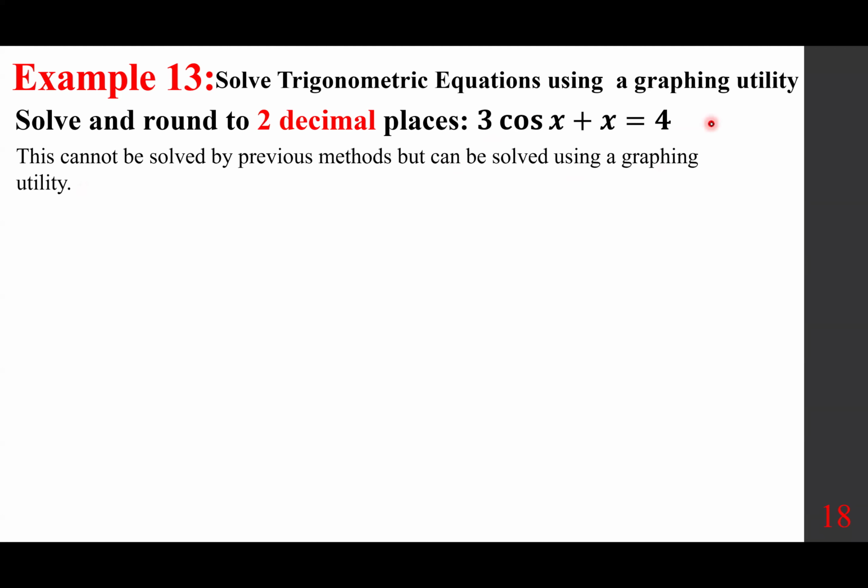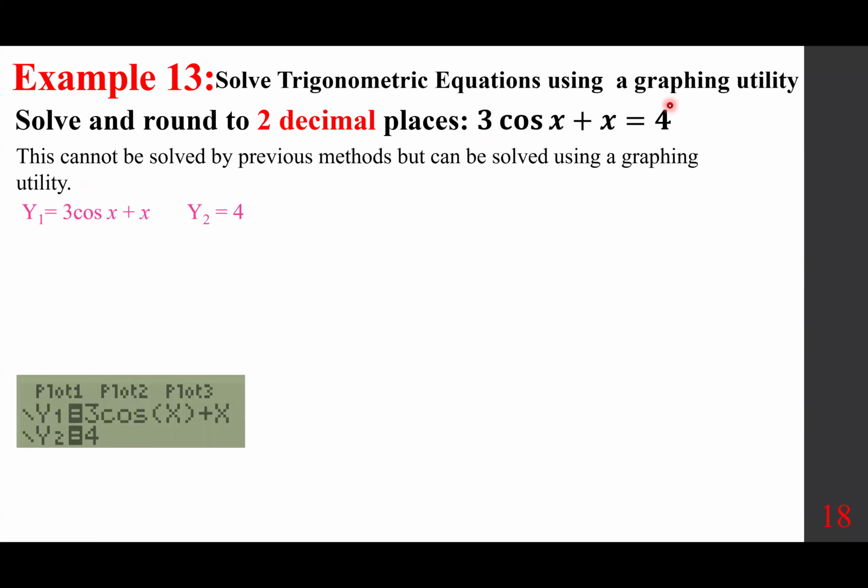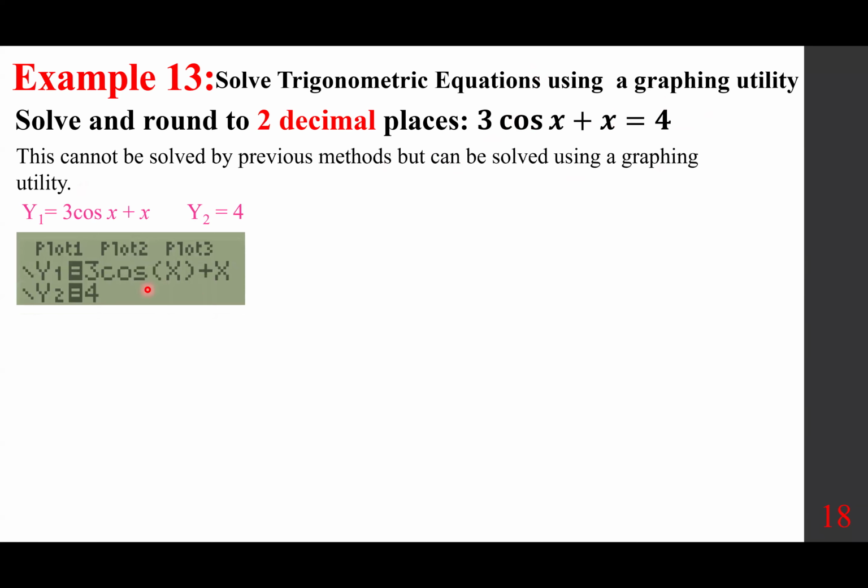So basically what you do, you put one side as y sub 1, one side as y sub 2. So y sub 1 is 3 cosine x plus x, one side, doesn't matter which one. And y sub 2 equals 4. And in essence, you look for the graph and then the intersection of the two graphs. So if you put it into a TI, y1 is 3 cosine x plus x, y sub 2 is 4.